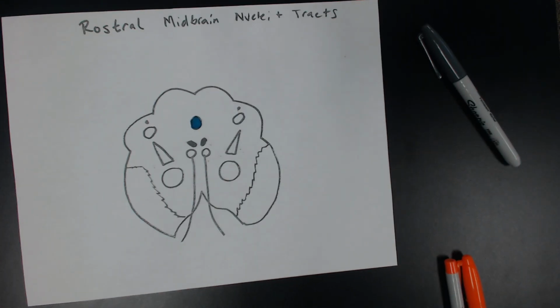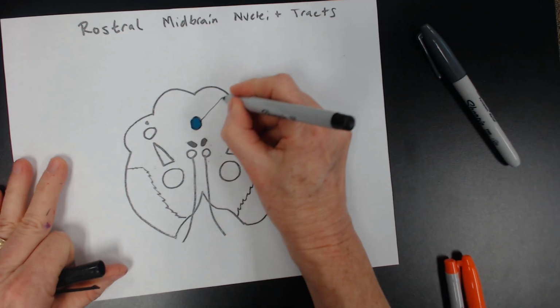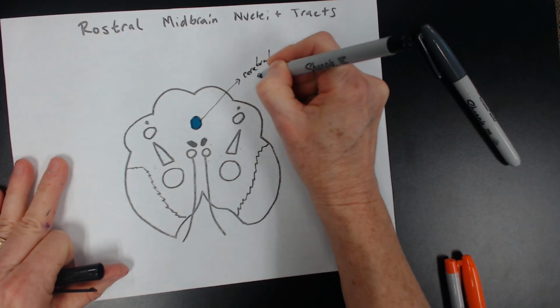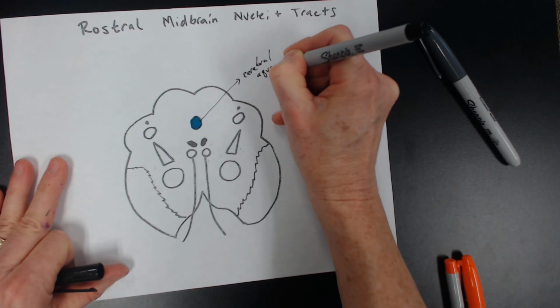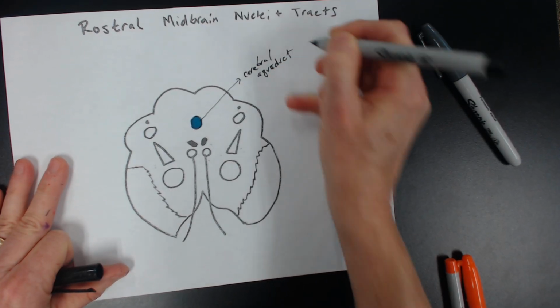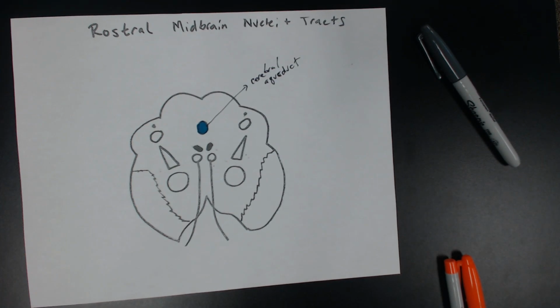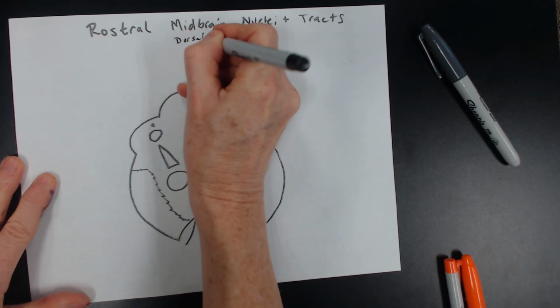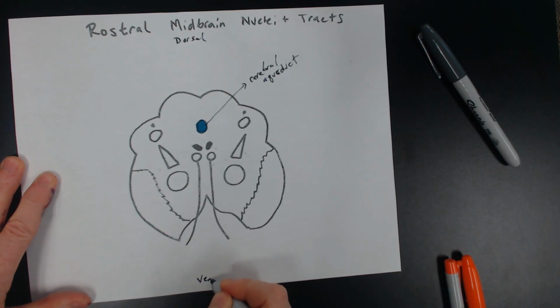Okay, that's your cerebral aqueduct. Nice landmark. So this is going to be, again, dorsal, and here's ventral.